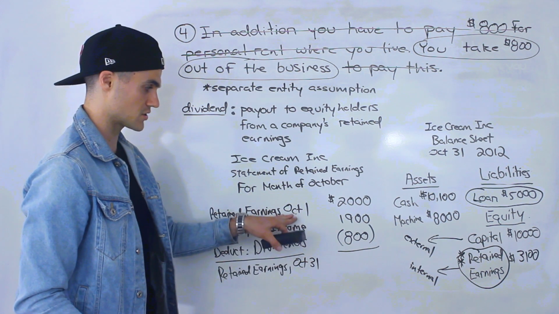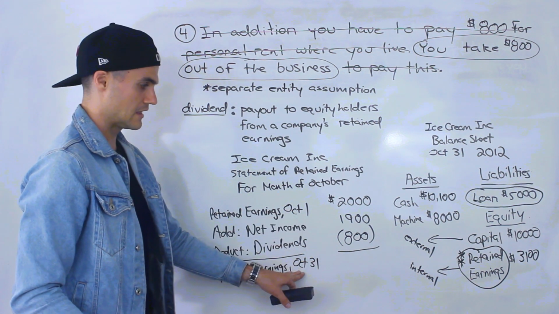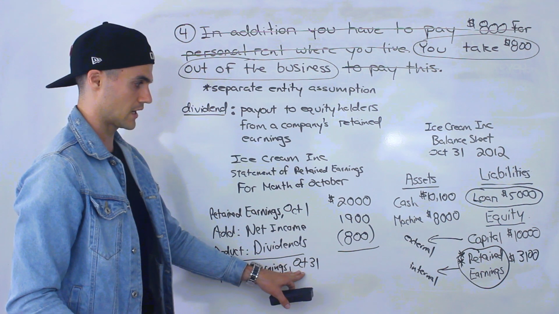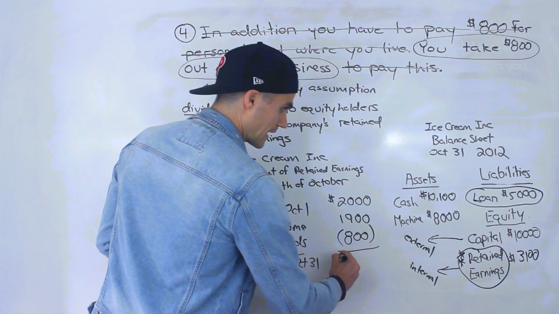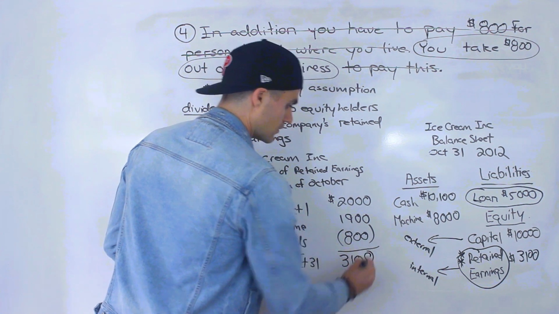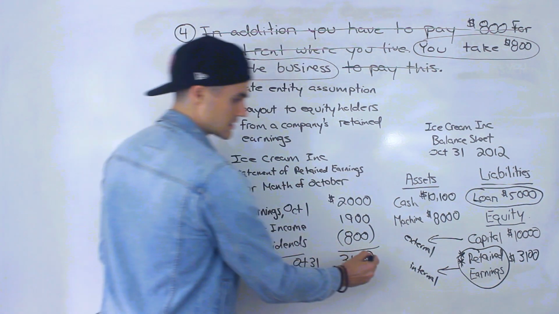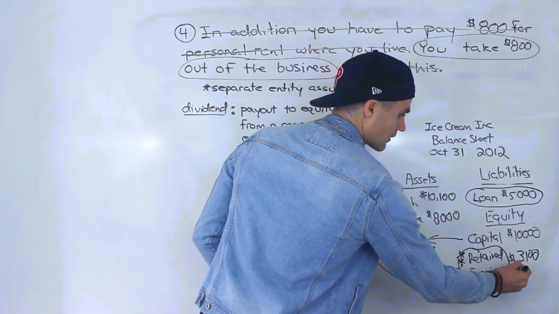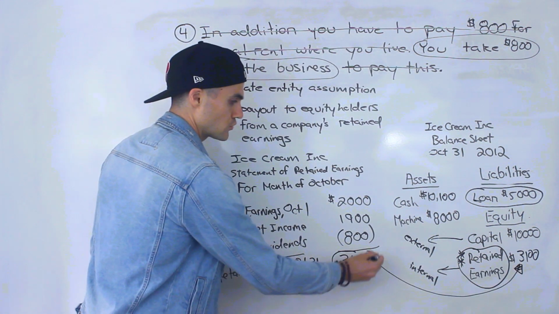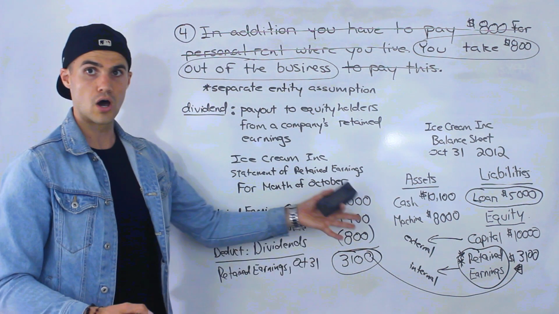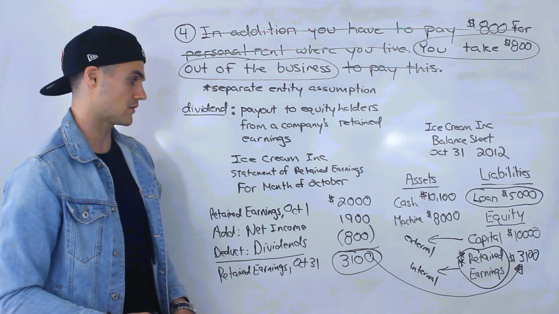So these dates here, it's always the beginning of the period you're looking at, then the end of the period that you're looking at. And so when you net all of this out, you would end up getting that 3,100, which is the number that we got here. So this ends up being that new retained earnings amount on the balance sheet at the end of the period.